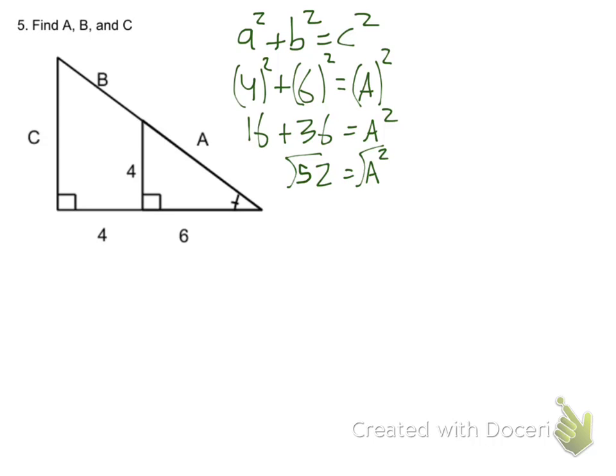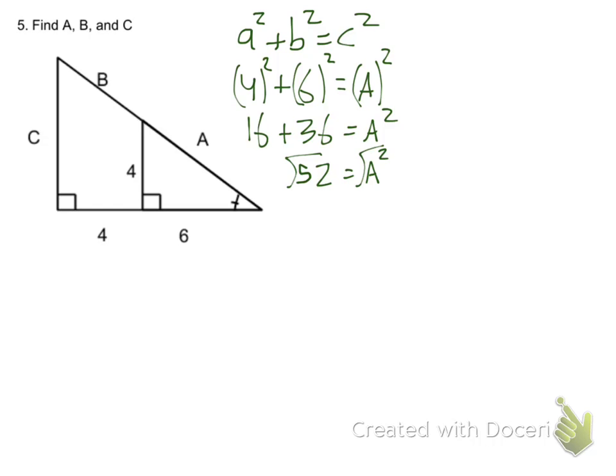Normally, there are 2 answers that when I square it, as in I place it in A and I square it, 2 positives make a positive. 2 negatives make a positive. And so therefore, I will get a 52. So when I square root, we always like to put a plus or minus.